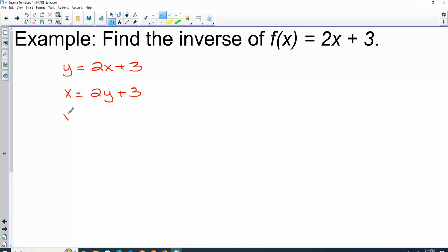So we will subtract over the 3, divide by 2. And final step, to show that we found the inverse, instead of y, what are we going to write? That f to the negative 1 means f inverse of x.